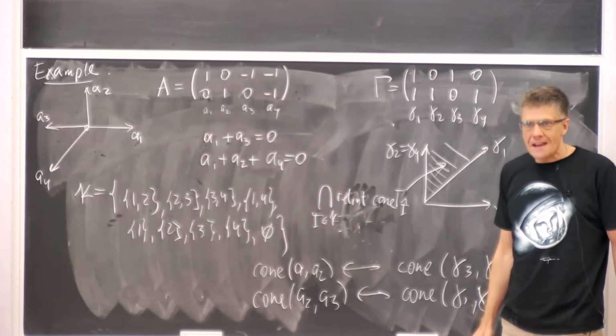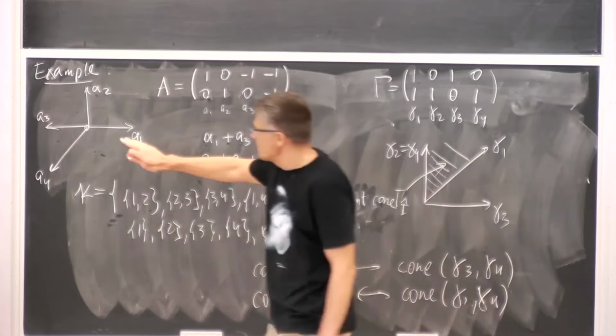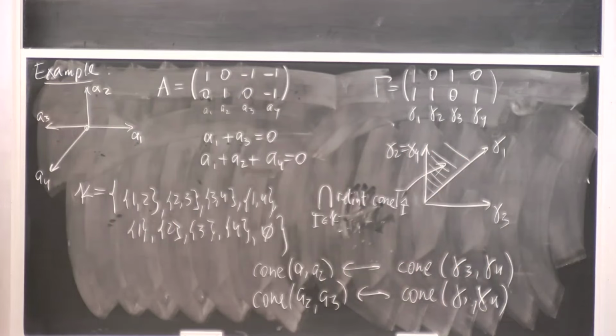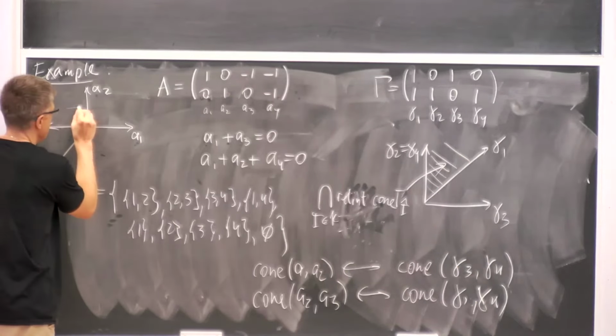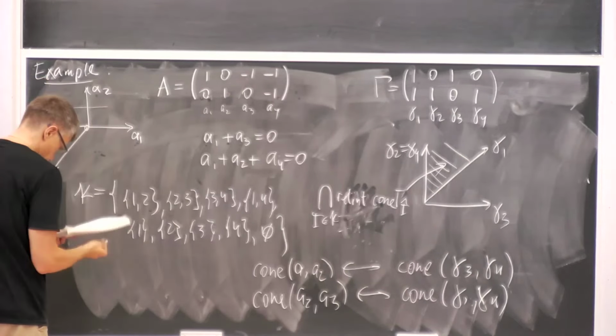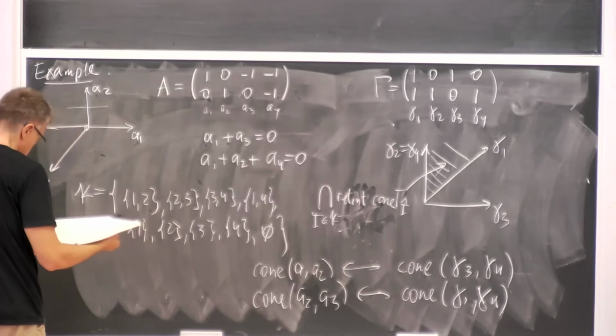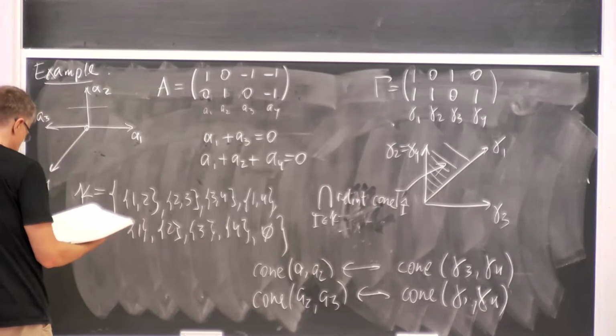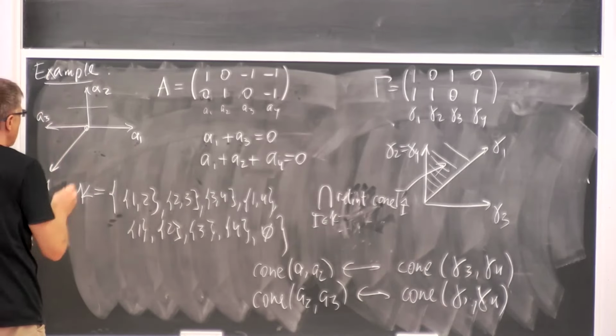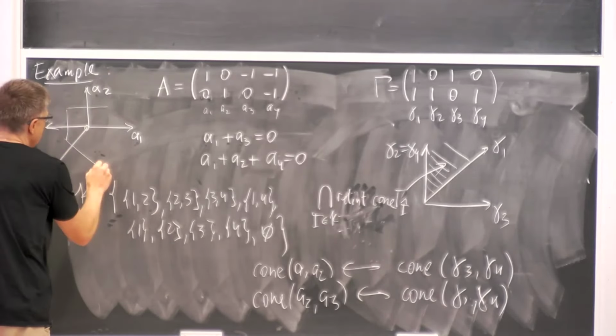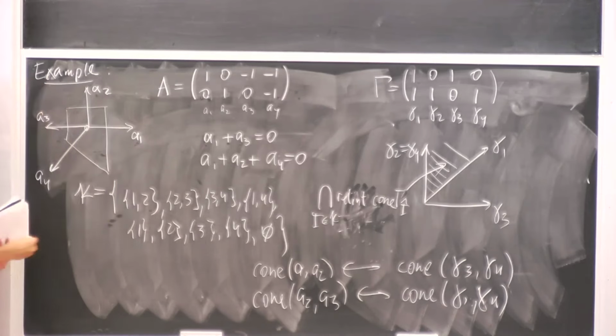And this, in fact, tells you that not just you have a fan, but this fan is a normal fan of a polytope. Right? So you can draw a polytope, a trapezoid in this case, whose normal fan, whose normals are these vectors.